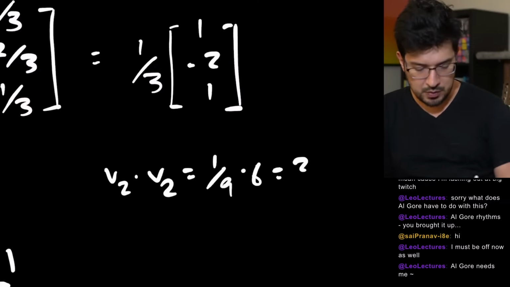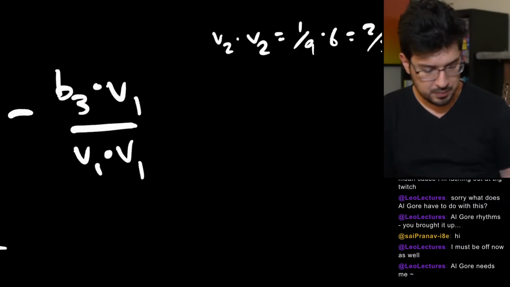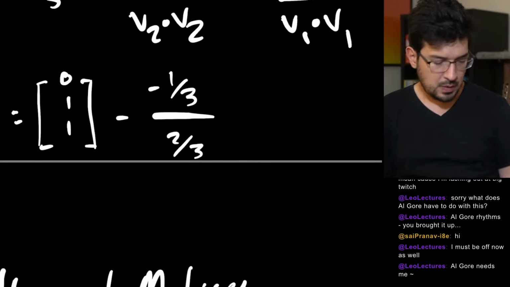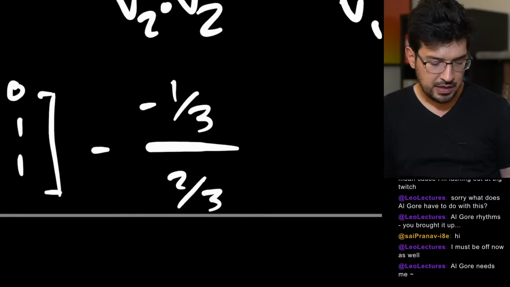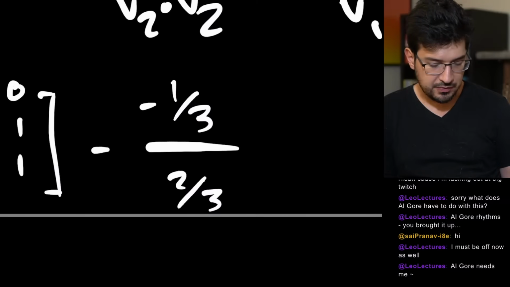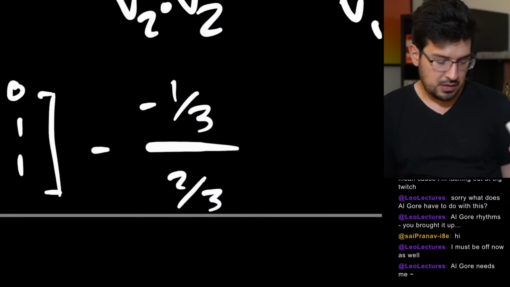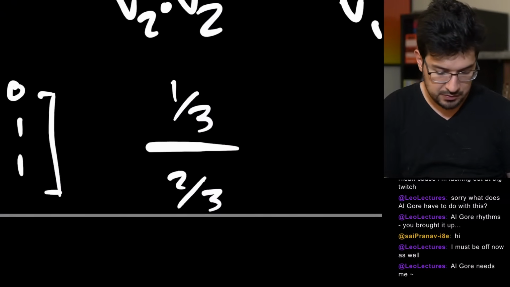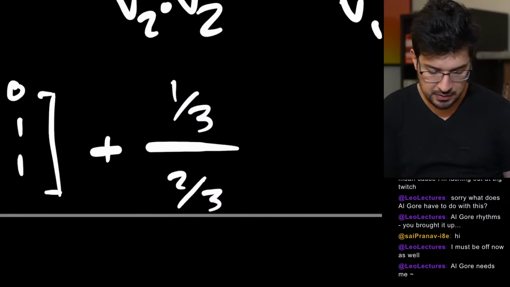So this is 2/3. So that simplifies. Negative 1/3 divided by 2/3 simplifies as negative 1/2, and minus negative 1/2, these two form a positive.